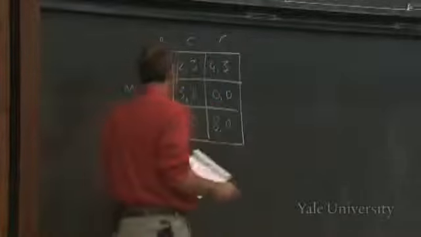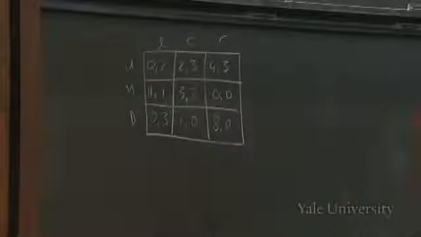So this is a slightly messier game. The numbers were really just whatever came into my head when I was writing it down. And once again, we want to find out what the Nash equilibrium is in this game.